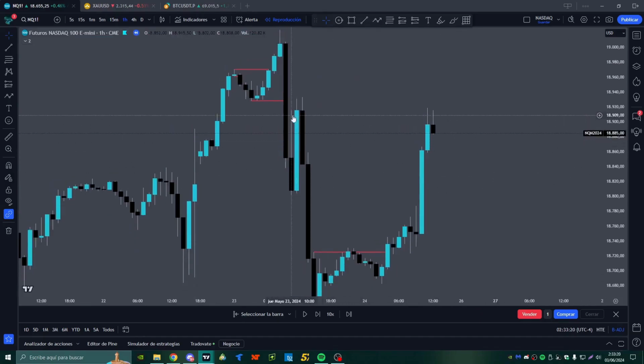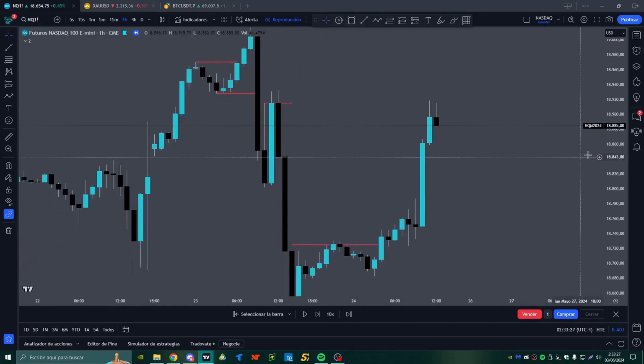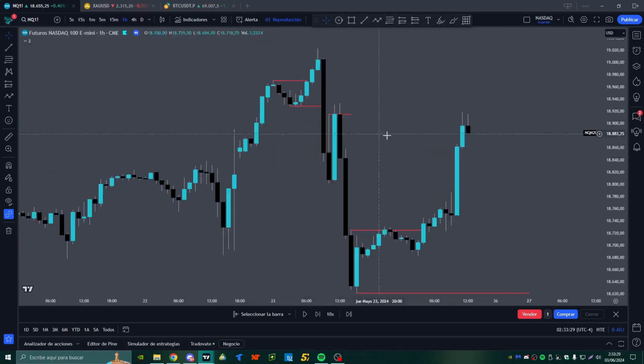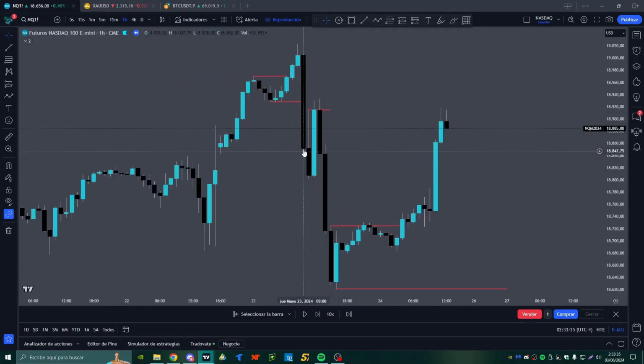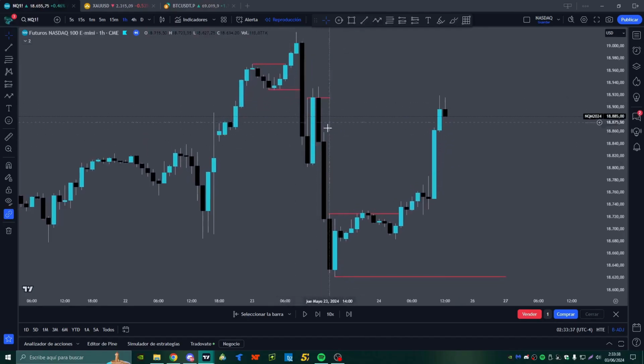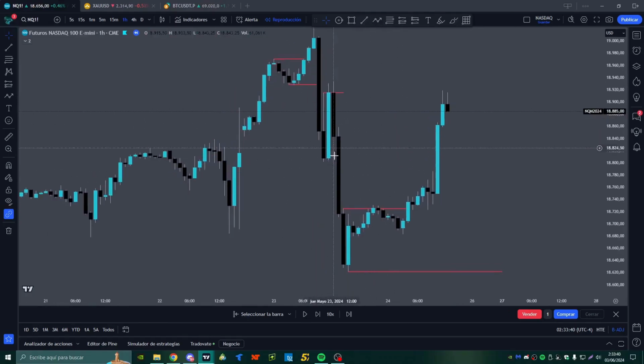Therefore, here we have the change of structure. But if you look here, this was the last bullish candle, and see how we couldn't close with the body above it. So this is what can also create false structure changes and confuse people about why the price breaks a high for them, but doesn't change the market direction.